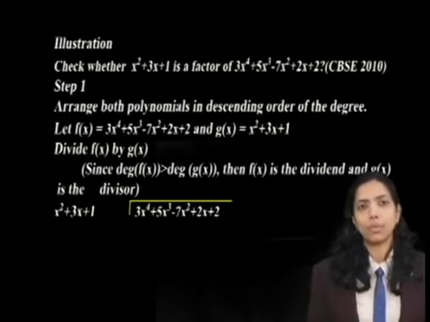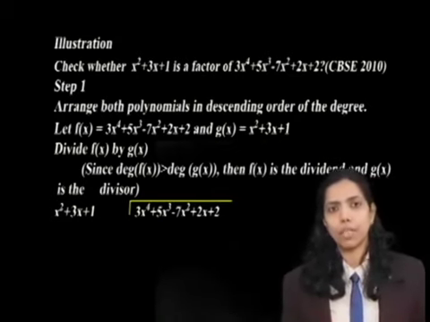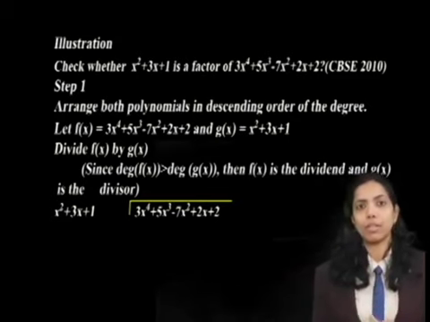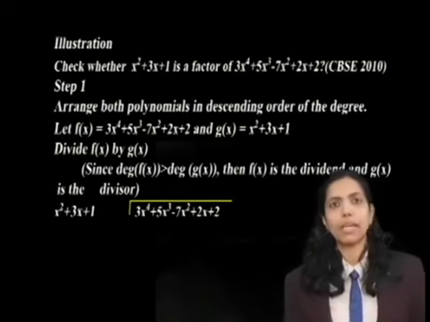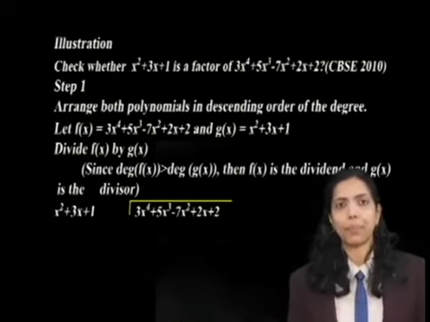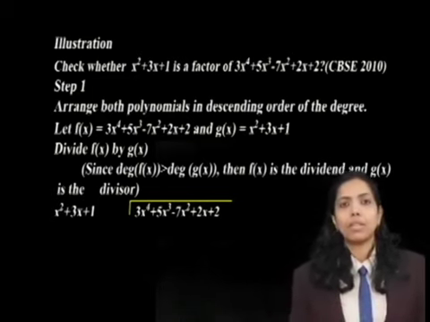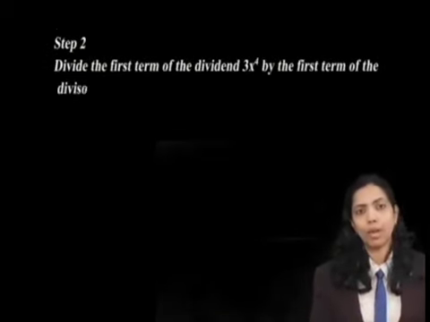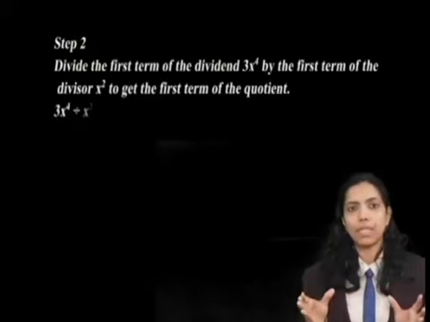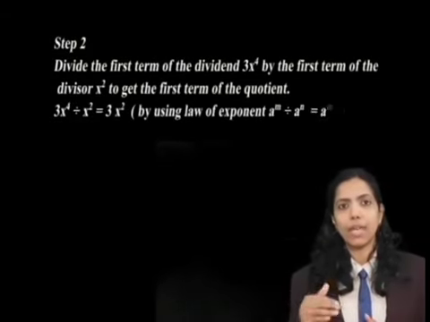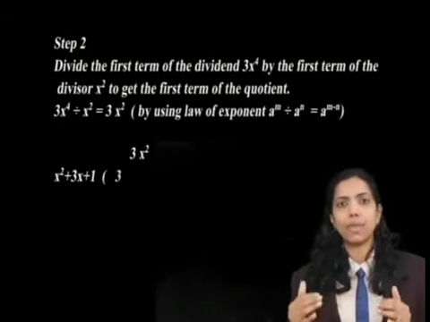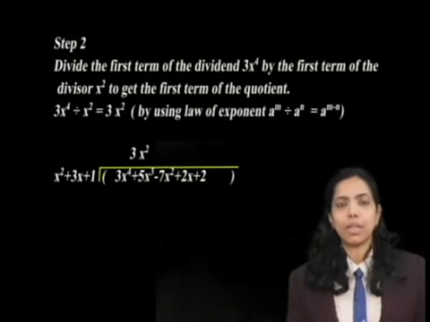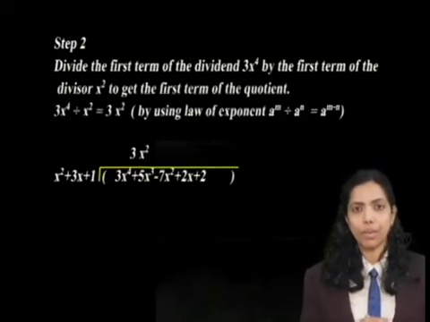Now step 2. We are going to divide the first polynomial, since it is the highest degree polynomial, by the lower degree polynomial x square plus 3x plus 1. To get the first term of the quotient, what do we have to do? Divide the first term of the dividend, 3x to the power 4, by the first term of the divisor, x square. Here comes the role of the laws of exponents.